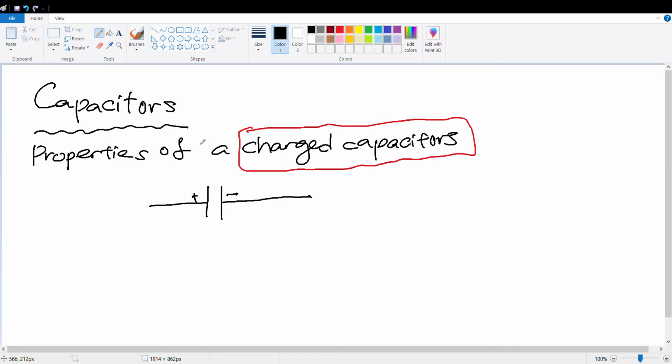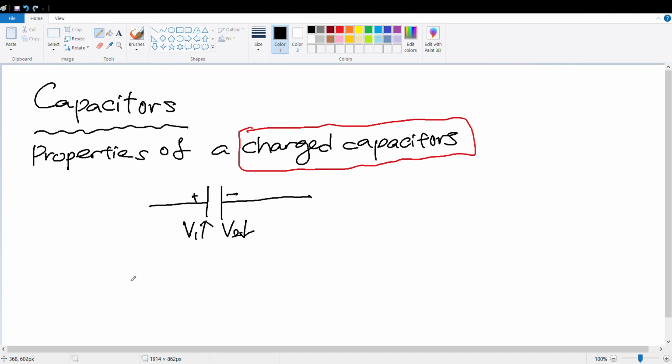So when there's a difference between the two plates in terms of different types of charge, the positive plate has the higher potential. As for the negative plate, it will have the lower potential.